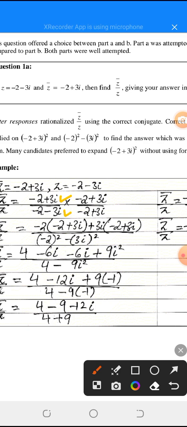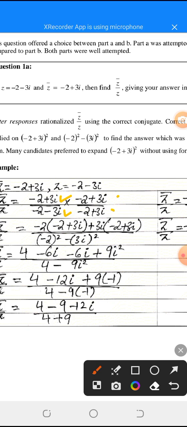Whenever there's iota in the denominator, you have to take the conjugate. And you are already aware the conjugate is to just reverse the sign of iota. So in the denominator there's -2 - 3 iota, so the conjugate will be -2 + 3 iota. I hope it makes sense.